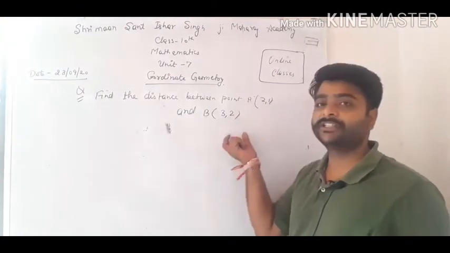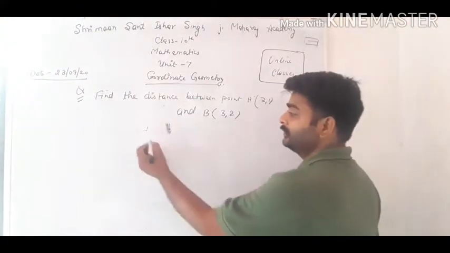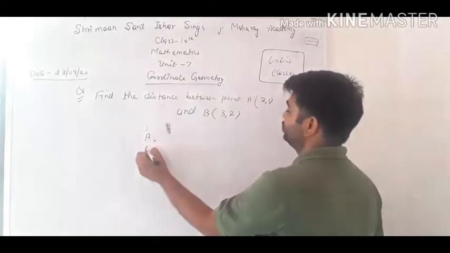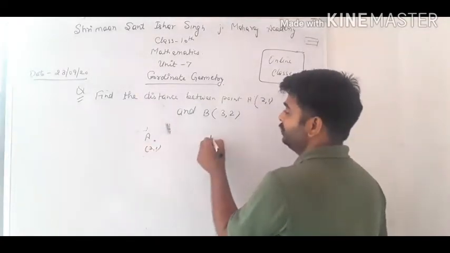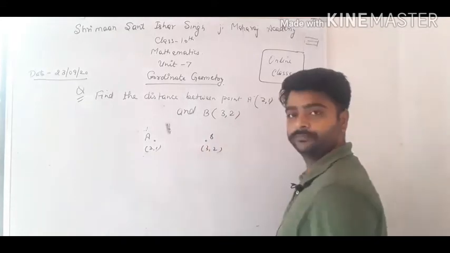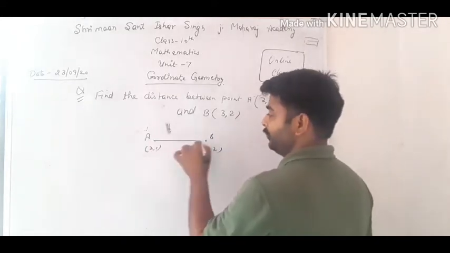We need to find the distance between A and B. So class, I will write here, A is 2, 1 and B is 3, 2. Got it? I need to find this.